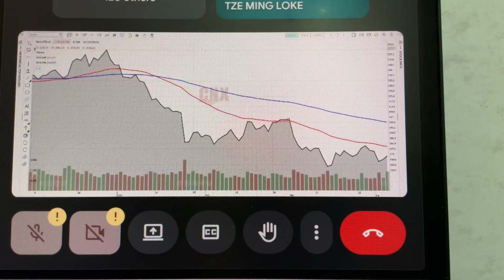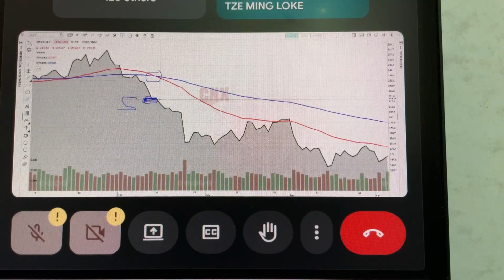So when the short line cuts below the long one, at this point here, the price is here. Sell. This one is good, because after you sell, the share price came down. So it's a good signal here.